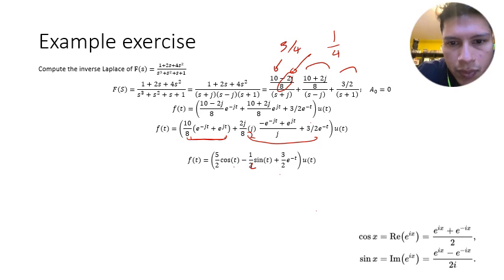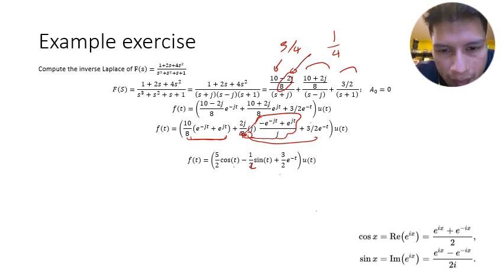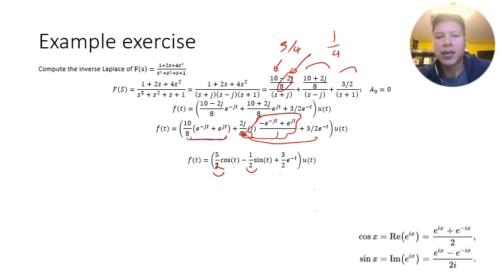This is actually the sine. So this should actually be twice the coefficient, so this should actually be 5/2, and this should be 1/2. So I apologize, this is a typo, it should be 5/2.